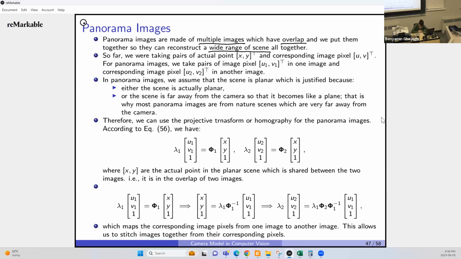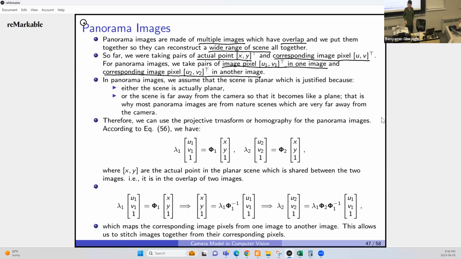So far, we were taking pairs of actual 3D point and corresponding image pixel (u, v), right? So far, we were doing that. For panorama images, we take pairs of an image pixel in one image and the corresponding image pixel in another image. Do you see the difference? So far, what did we do? We usually used pairs of points in actual 3D space and its pixel in the frame.